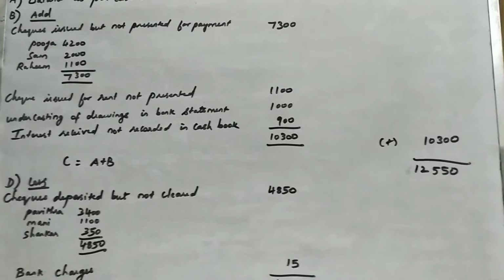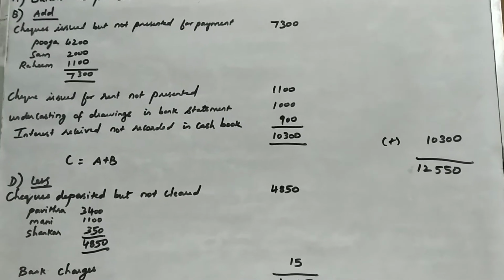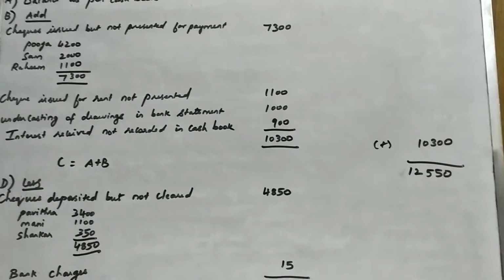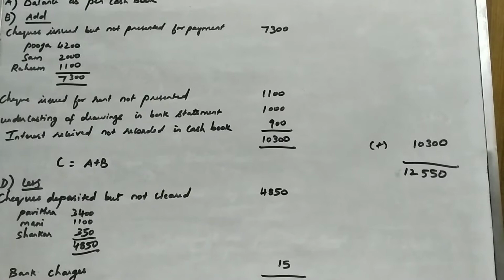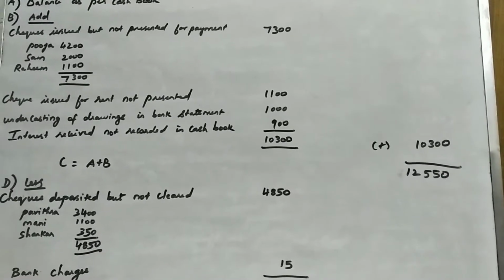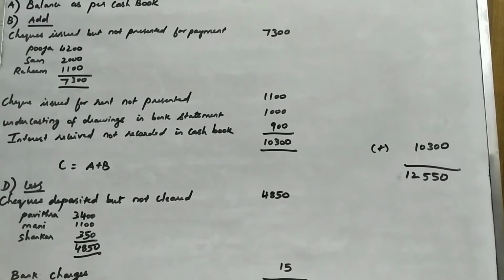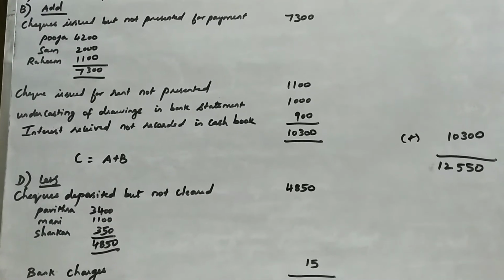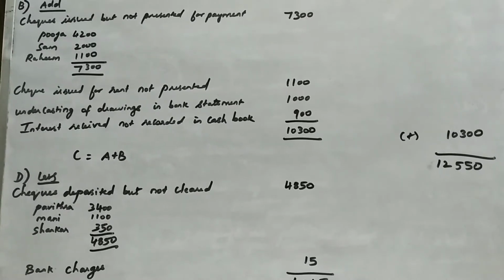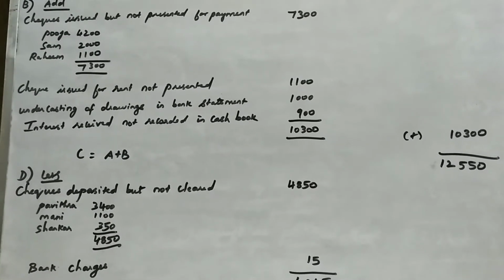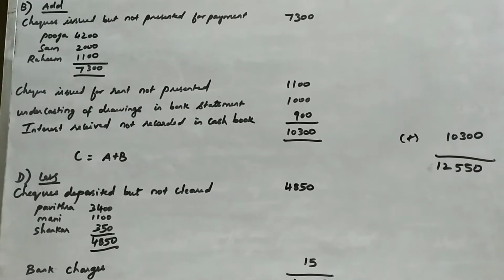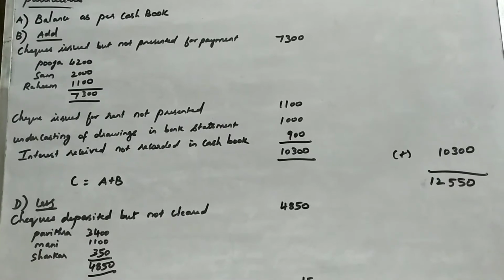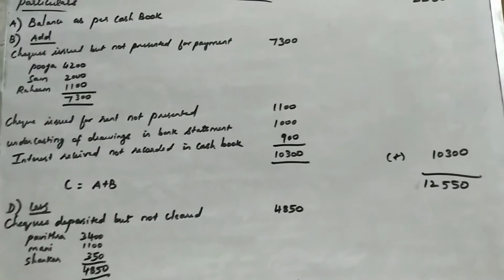Which means we have recorded these items in our cash book, but they are not presented for payment, so there is no money transfer taken place. Able to understand? So 7,300 has been deducted from our cash balance, but our bank balance remains the same. Cash book is less, bank balance is more. What has to be done? Our starting point is the cash book, so any adjustment to be made has to be done only on the cash book side, right? So we will add that.